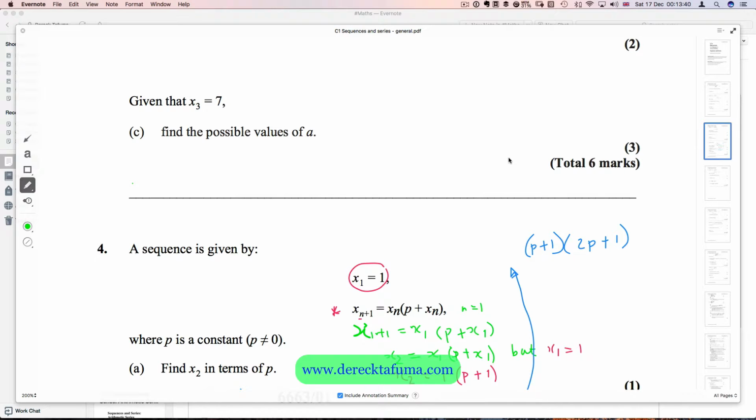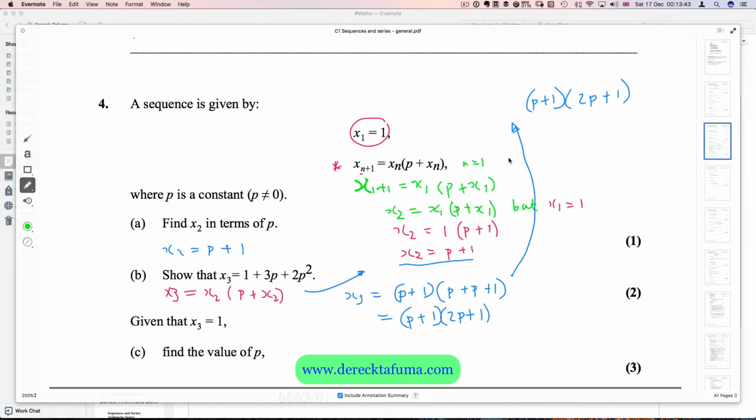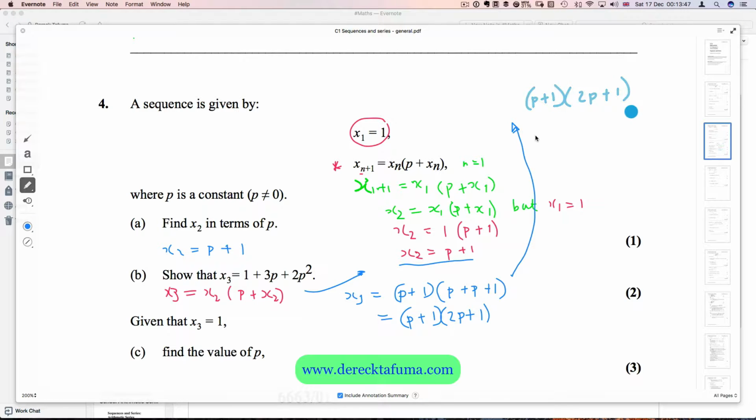Let's try that again. I'm going to multiply p times 2p, then p times 1, then 1 times 2p, then 1 times 1.